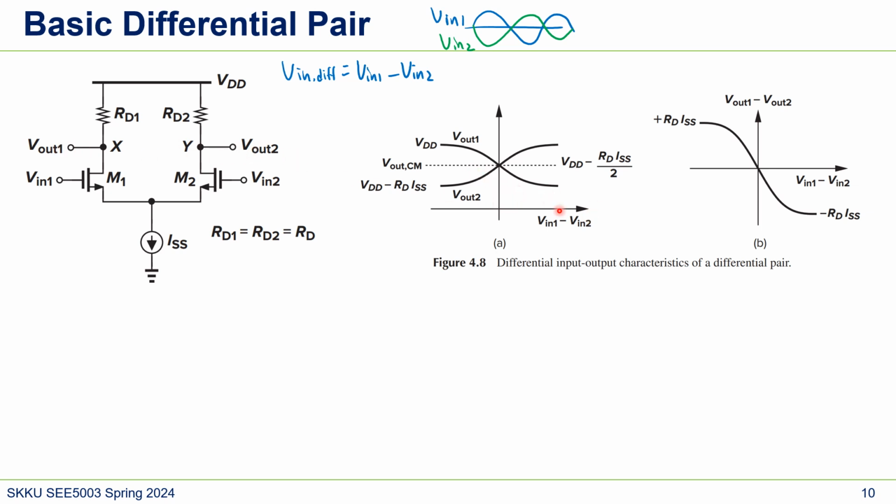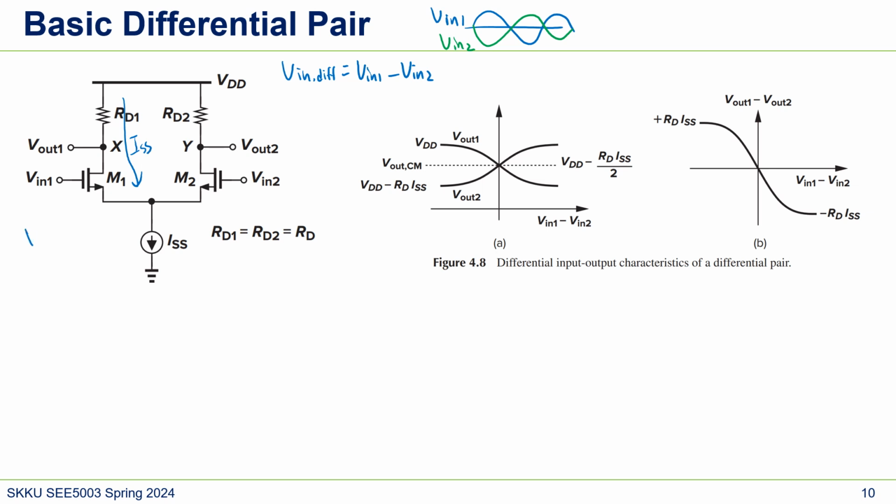First, let's look at the far right side, the extreme case. If V in 1 is a lot larger than V in 2, then the current will flow all the way through here. This MOSFET will not flow anything, and all current will flow here.